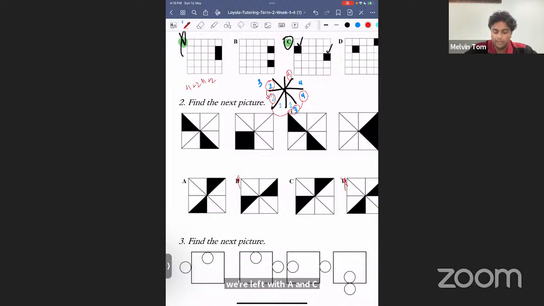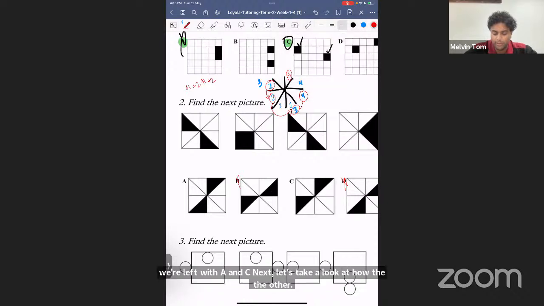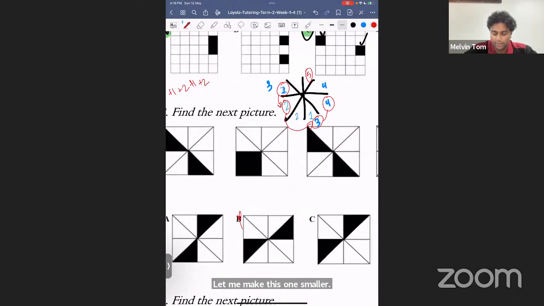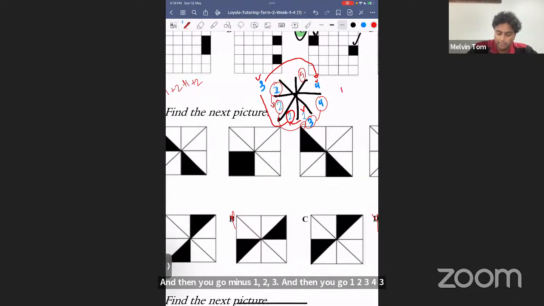Next, let's take a look at how the other numbers move. Starting off with this 1 here, you go plus 1 to 2, and then you go plus 2 to 3, and then you go 1, 2, 3 to 4, so we have plus 1, plus 2, plus 3.